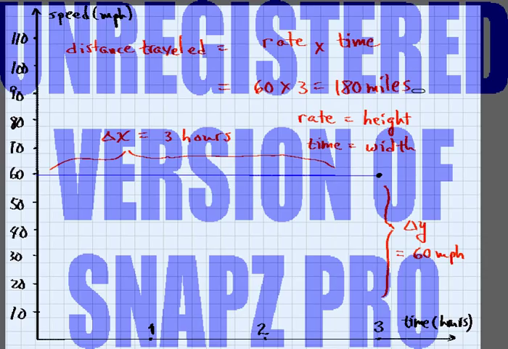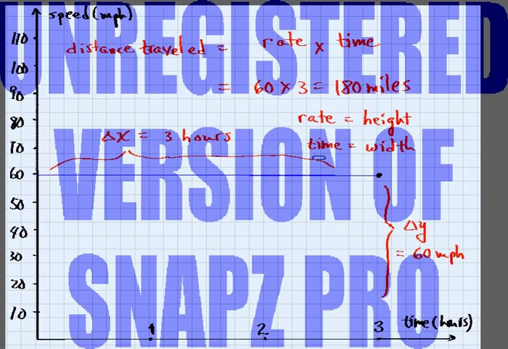Now, there's something else that's useful to notice, and that is this: on this particular graph, we can form a rectangle that is 3 hours wide and 60 miles an hour tall.